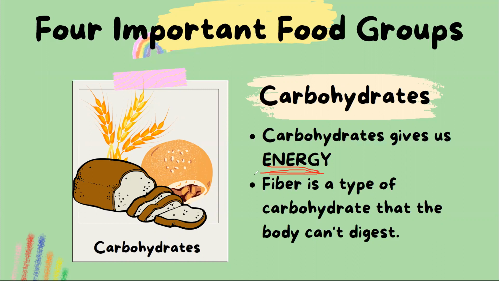Number two, in any type of carbohydrates, no matter if it's whole wheat bread, a normal bun, or even cereal, there's an important component, which is fiber. Now why is fiber so important? Although here it states that fiber is a type of carbohydrate that the body cannot digest.